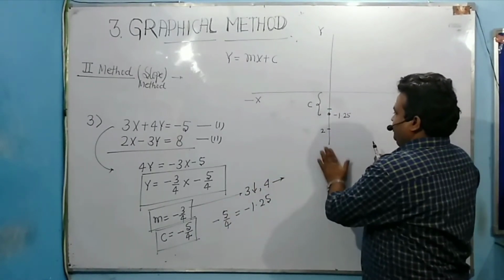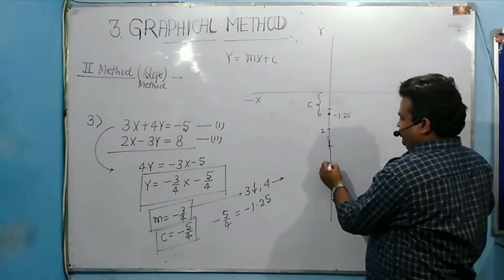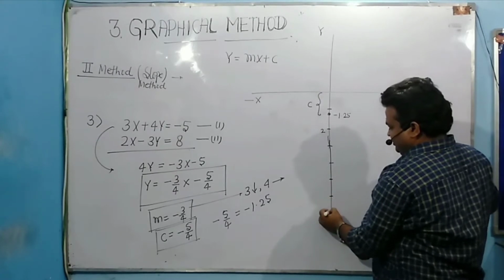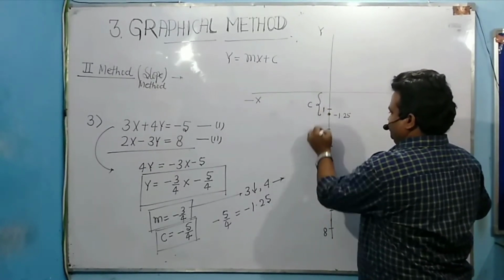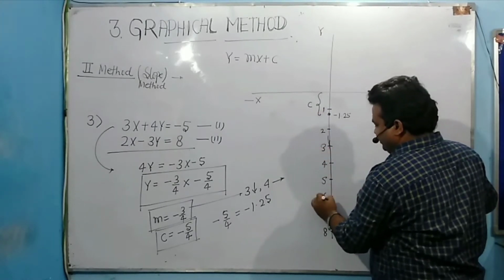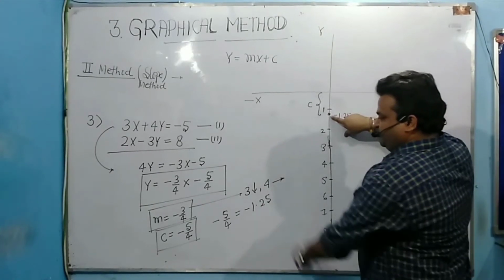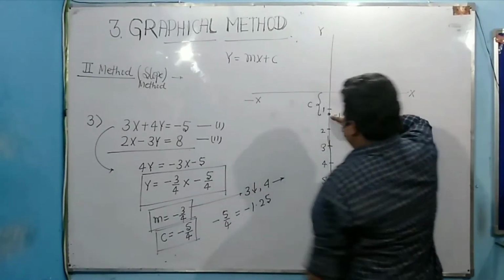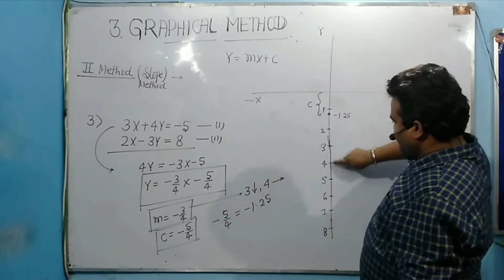Okay. Now make change. This is second, third, fourth, 5, 6, 7, 8. So 1, 2, 3, 4, 5, 6, 7, 8. Okay. From here, 3 steps downward. Why downward? Because of this negative sign. So 1.25, 2.25, 1 stroke, 2 strokes, 3 strokes.